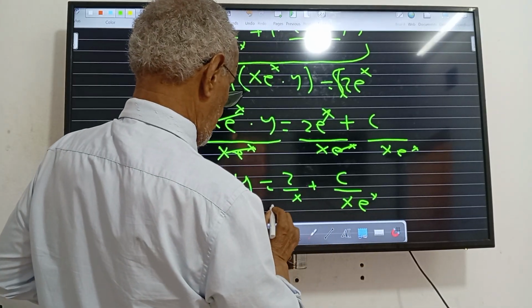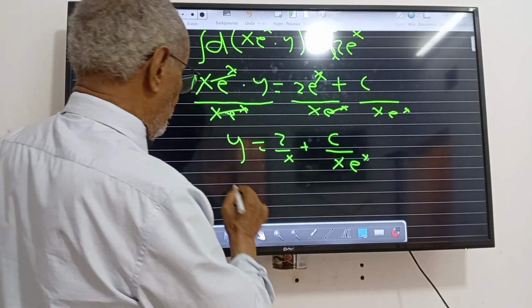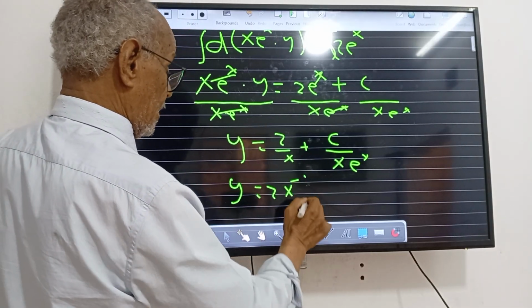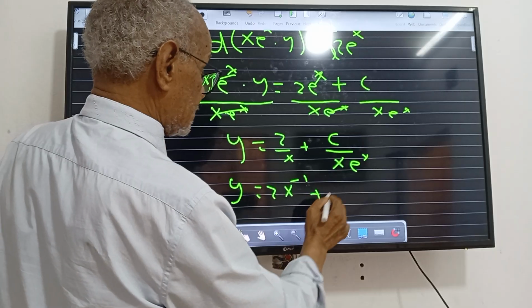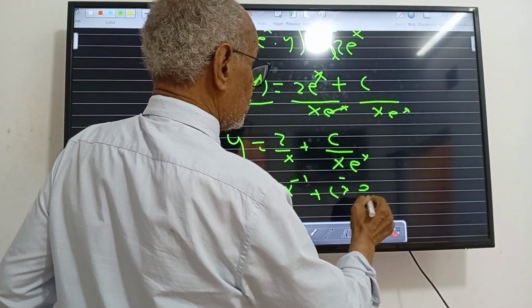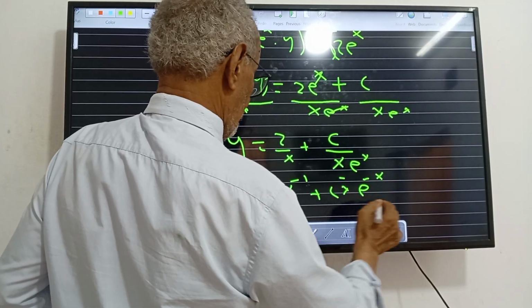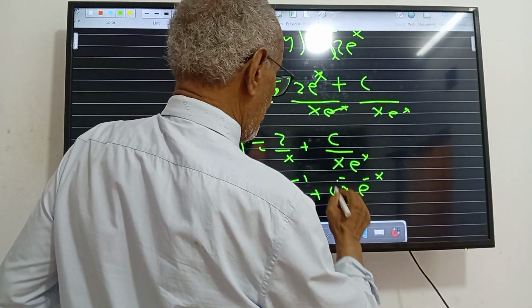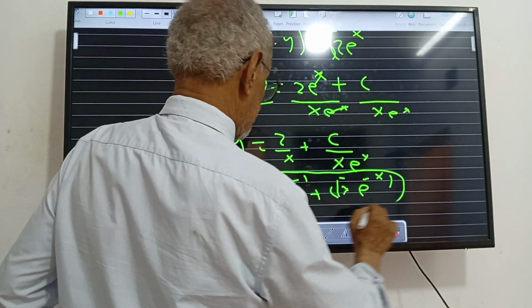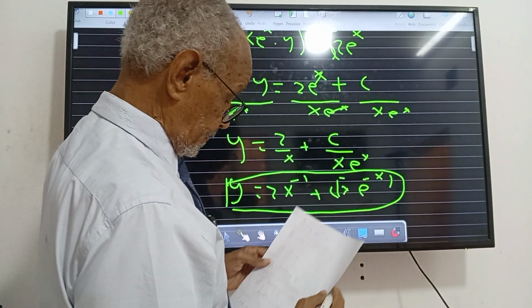So y equals x minus 1, plus c x minus 1 e to the power minus x. This is a general solution for this differential equation.